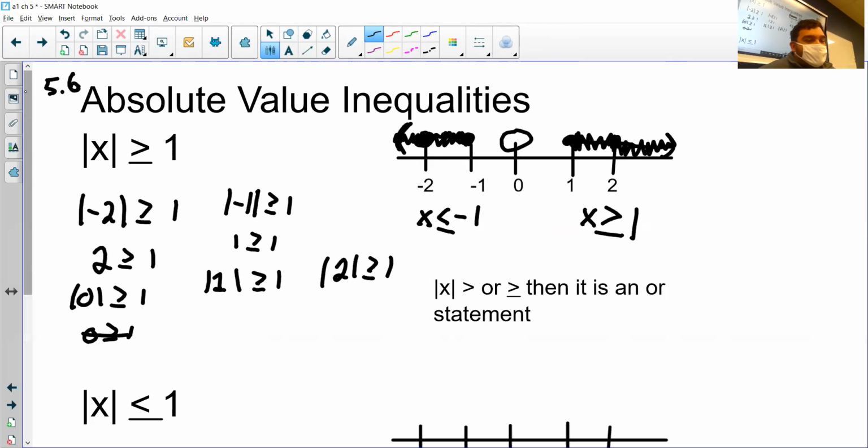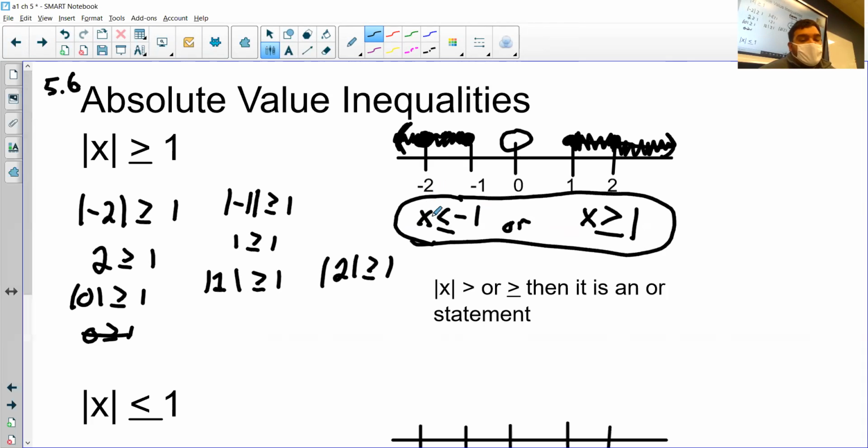The equation will be this or this. This would be your actual answer, right? Because it's x less than or equal to -1, or x is greater than or equal to +1. So it makes an or statement.